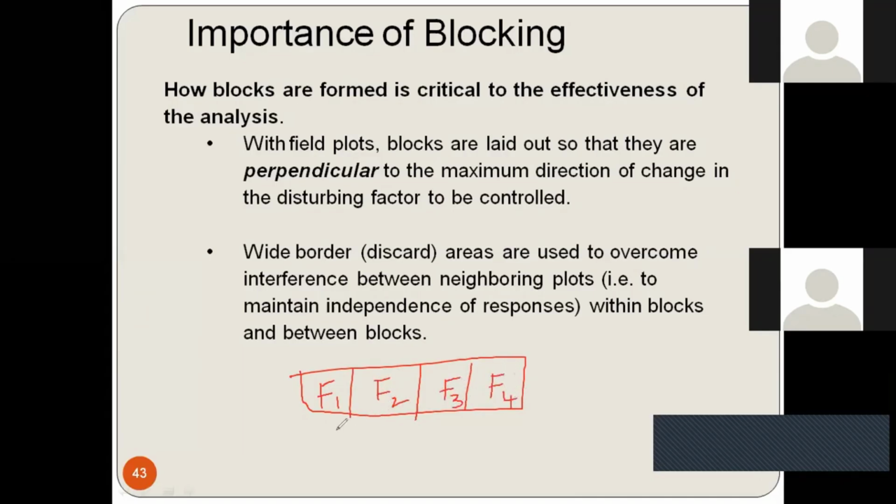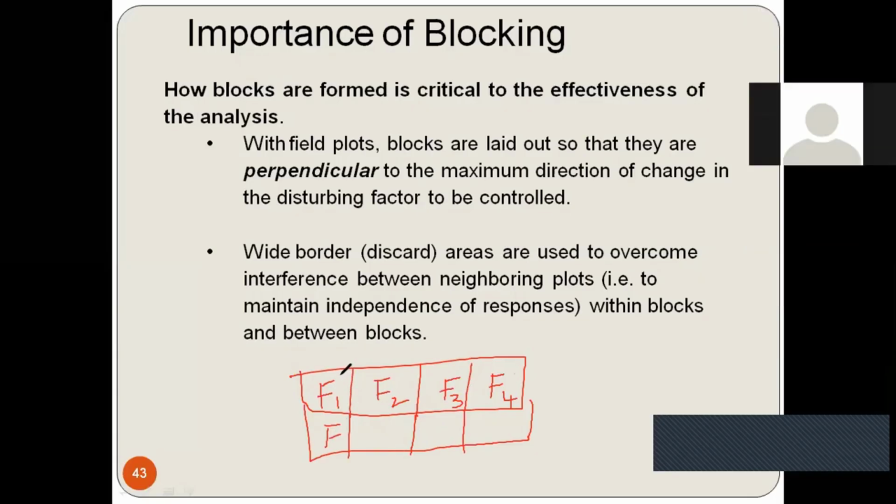So what is the problem here? Can somebody tell me what is the problem if you do a fertilizer experiment in adjoining blocks? Border effect. Yeah, border effect. You are applying F1 fertilizer, some kind of mixture, here. If you irrigate the field, some of the nutrients can move to the neighbor blocks through seepage of the water.